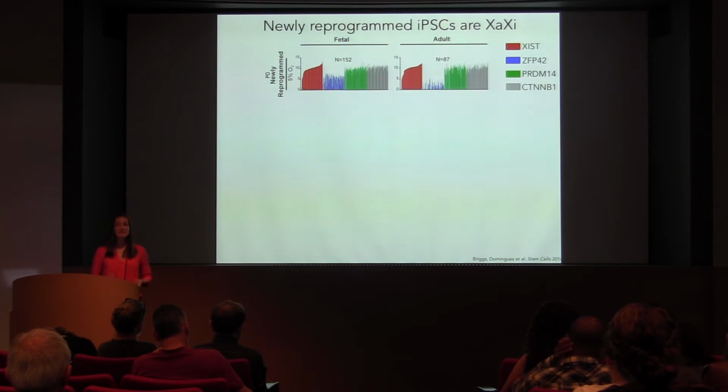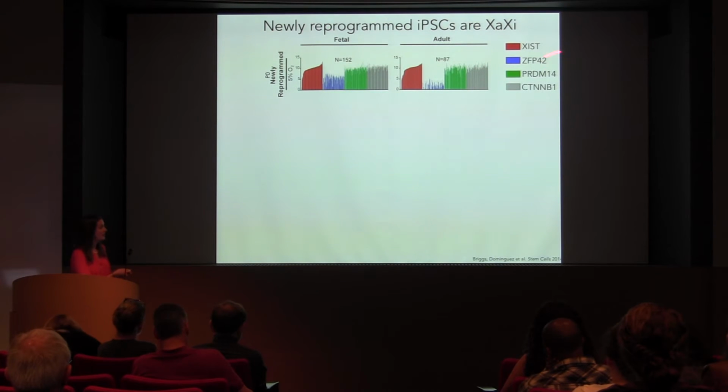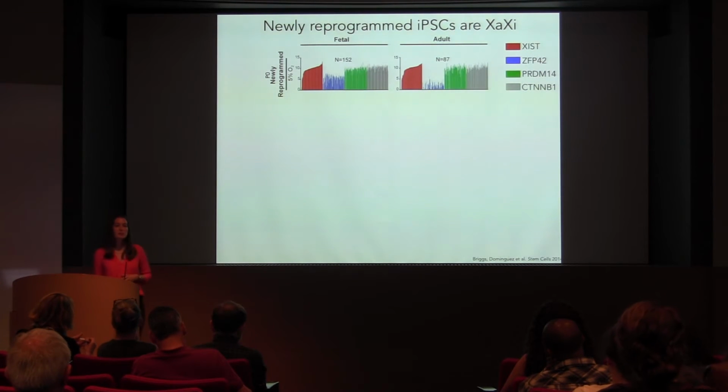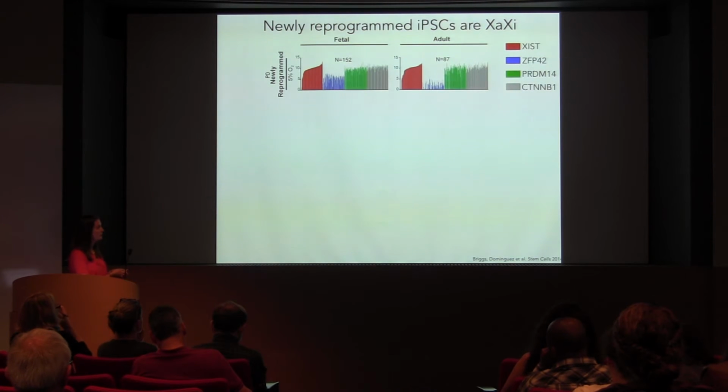Wherever we see XIST expression, we know that there's an inactive X chromosome. Then I have 2 pluripotency markers where, when these genes are expressed, we know we're looking at stem cells and not the fibroblasts they came from. And then finally I have a housekeeping gene here, just so that we're confident that the cell we're isolating is in fact healthy and doing what it should be doing.